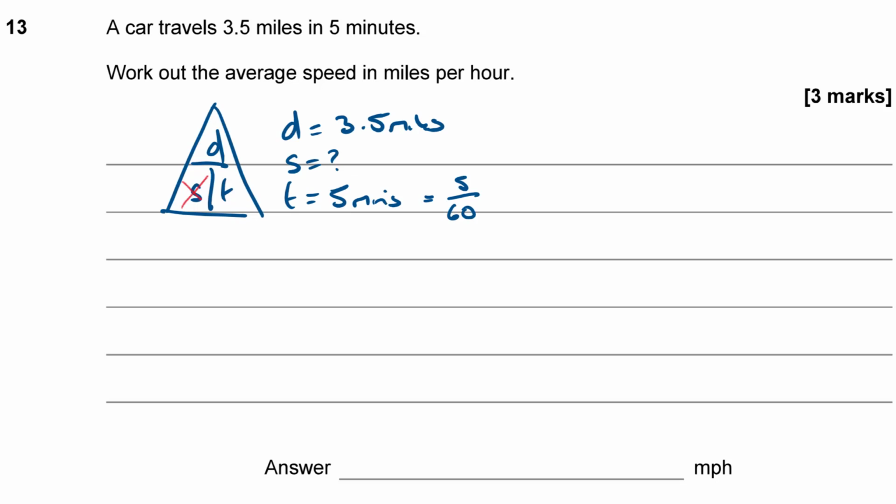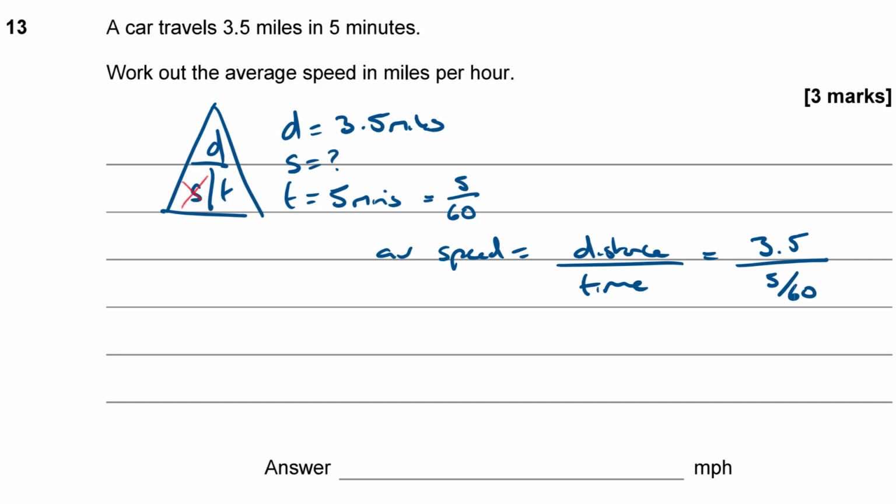So average speed then is going to be distance traveled divided by time taken. And in this case, we've got a distance of 3.5 miles, and we're dividing that by 5/60ths. Now, you can actually type that straight into your calculator, or you can remember that dividing through by a fraction is the same as flipping the fraction over and multiplying.